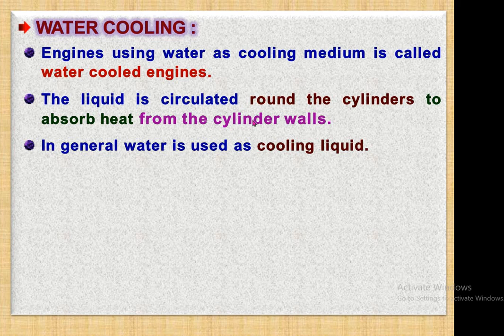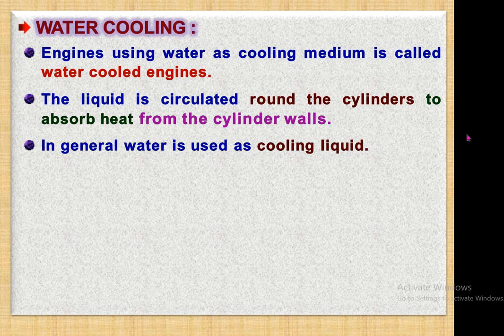The liquid is circulated round the cylinder to absorb heat from the cylinder wall. Means the outer side of the cylinder wall makes direct contact with the water circulation.